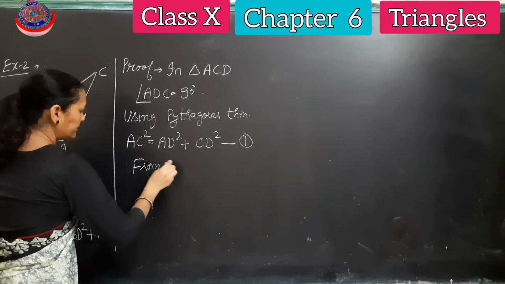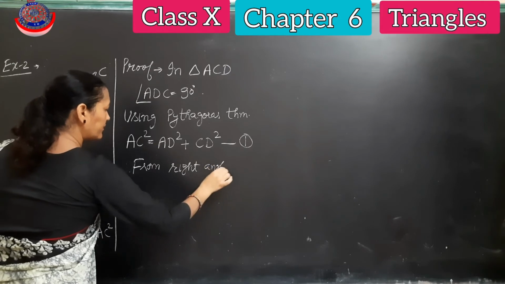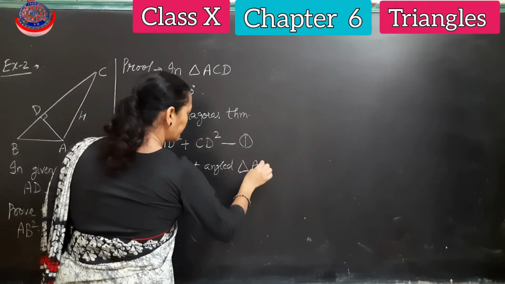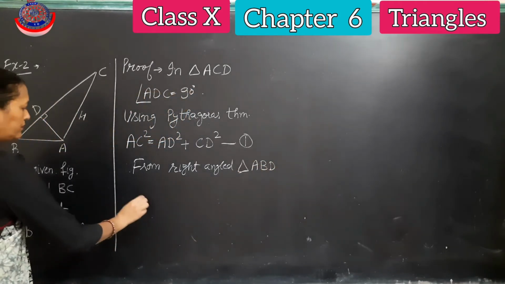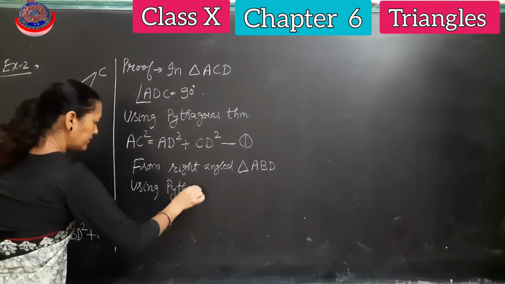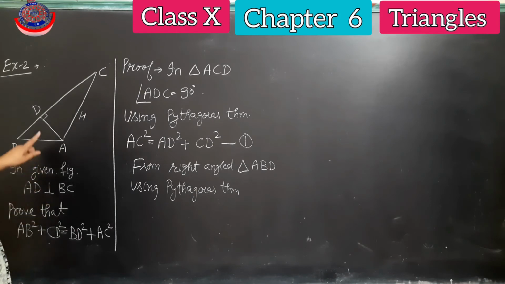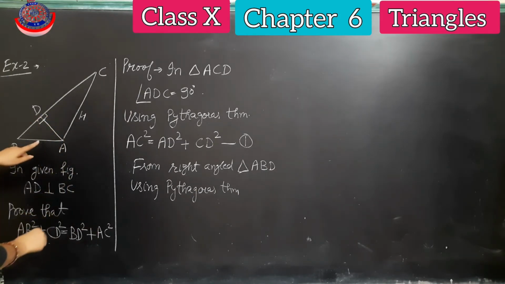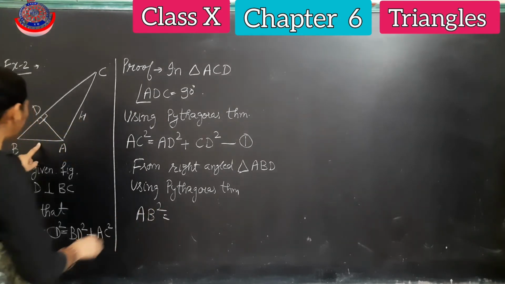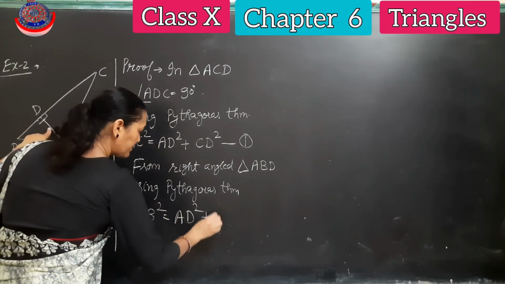From right angle triangle ABD using Pythagoras theorem, we will be getting, now see, this is 90, so opposite to 90, AB is hypotenuse here. So we will be having AB square is equal to BD square plus AD square.